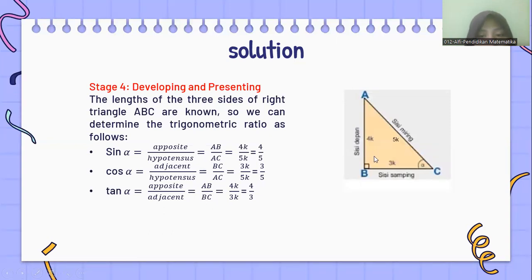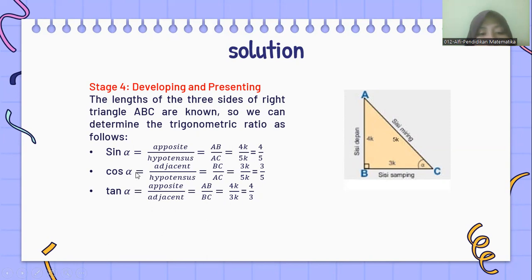The hypotenuse is line AC. Okay. So sin alpha is equal to AB over AC. Substituting AB is 4k, and AC is 5k, so 4k over 5k is equal to 4 over 5.